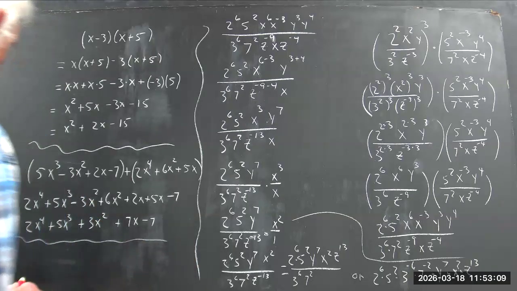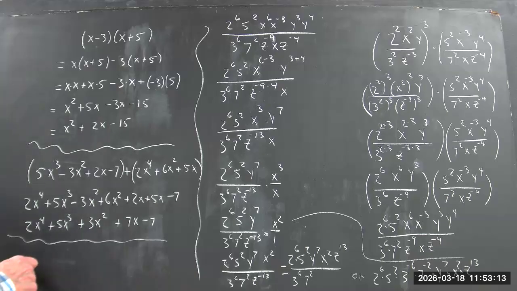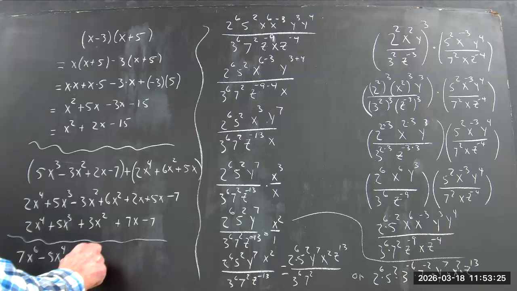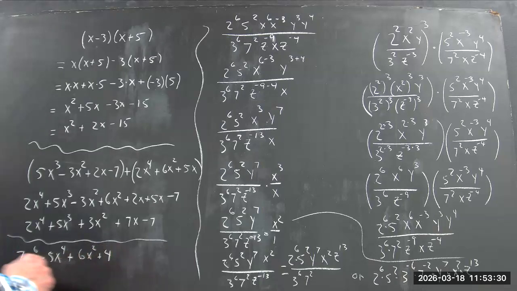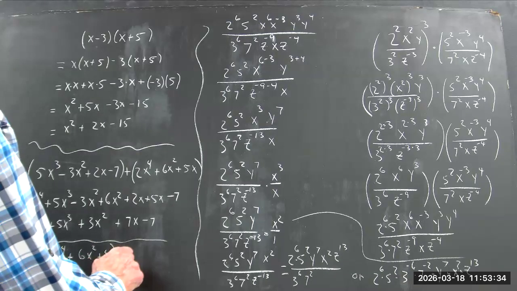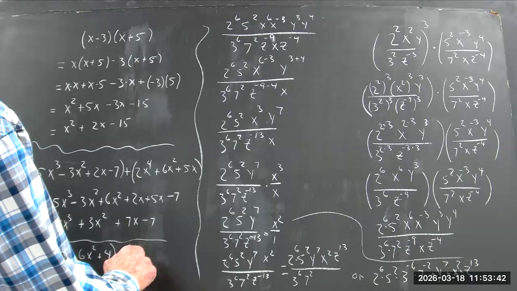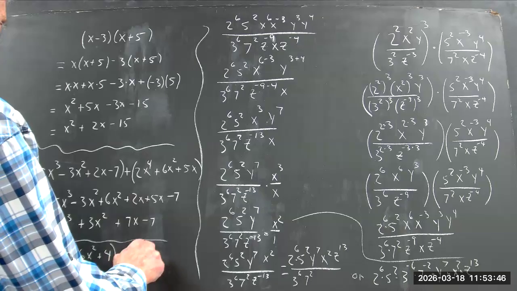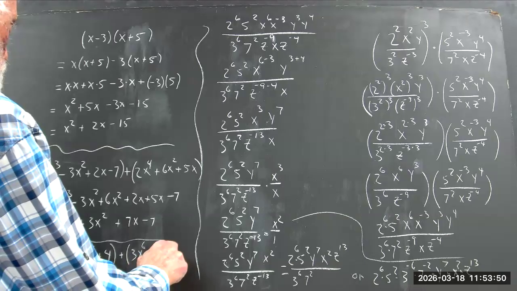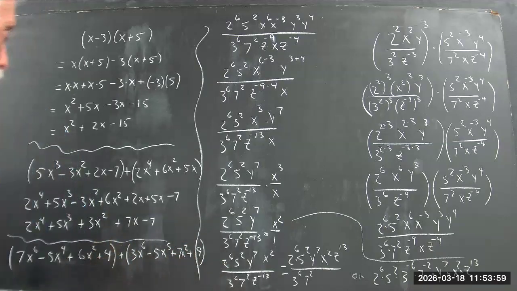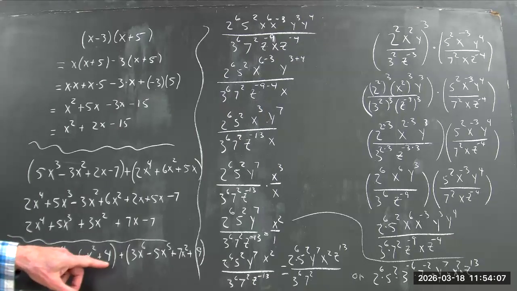Okay, I have to give myself a little more room, but I'm going to give you one to work on. 7x to the sixth minus 5x to the fourth plus 6x squared plus 4.